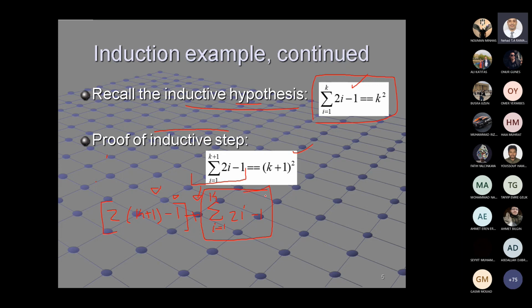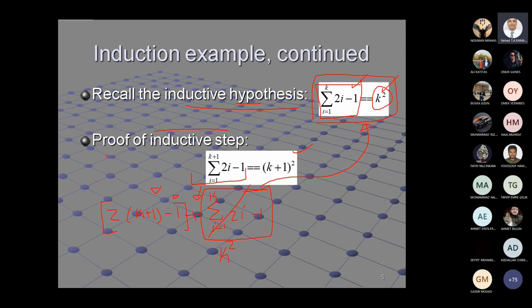What's this one? It's the same as our assumption. So we have the left side. We can write instead of it the right side. So instead of this part, we will write k to power 2 from our assumption.